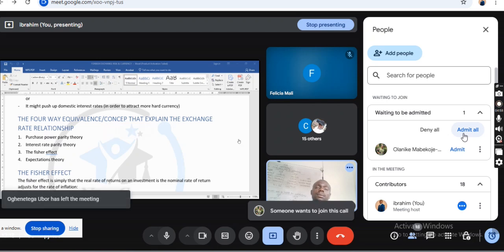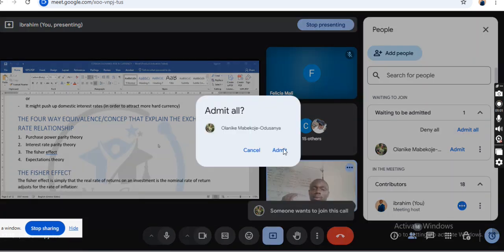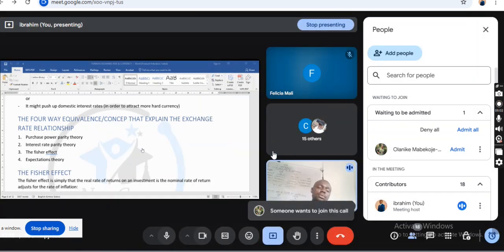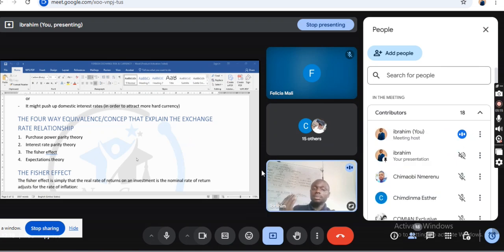If the spot rate of one country is higher than the spot rate of the other country, you could say this country's currency is depreciating, right?